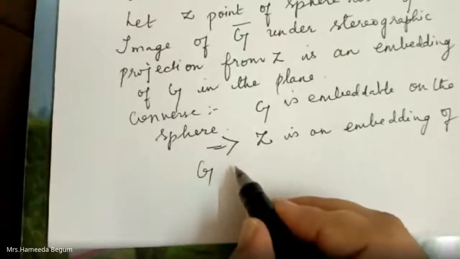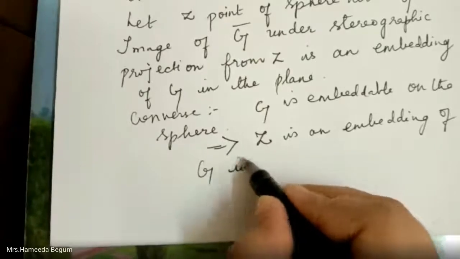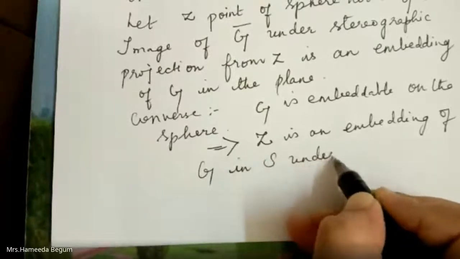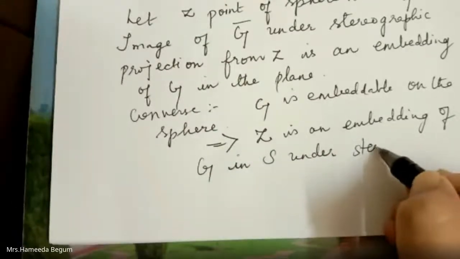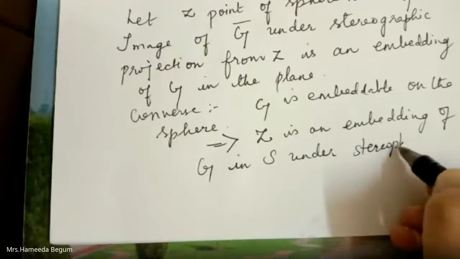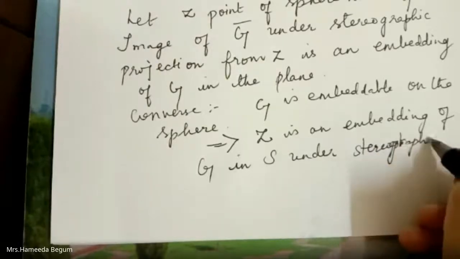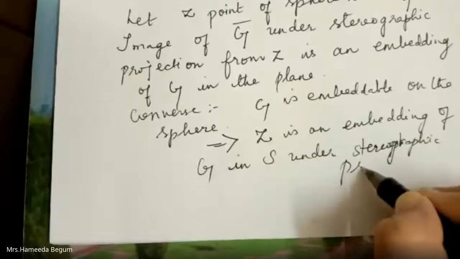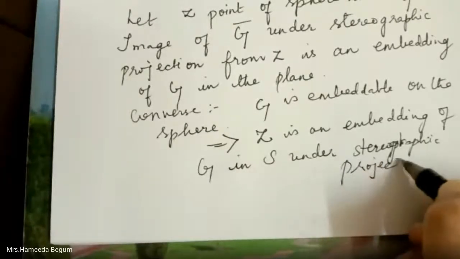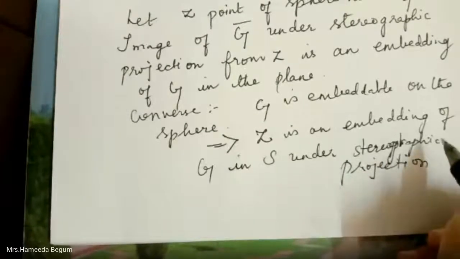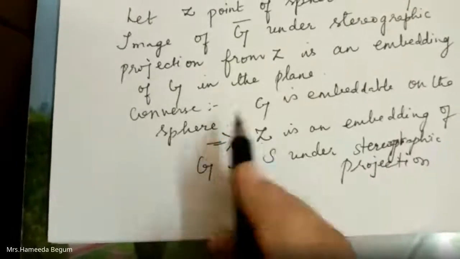So Z will be an embedding of G in S under this projection, under stereographic projection. So if Z is an embedding, then what will happen? Z is an element of G. Already we saw that.